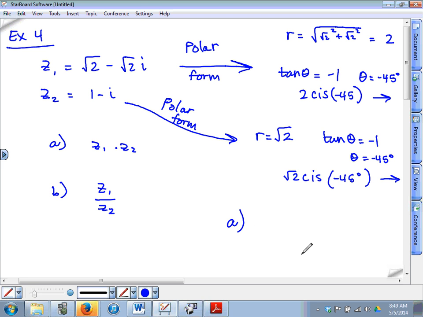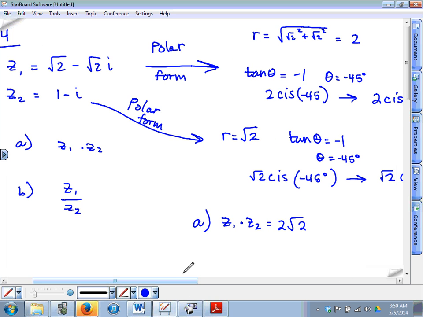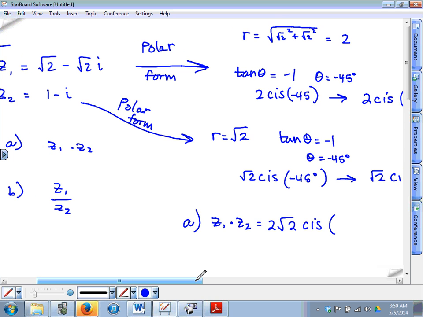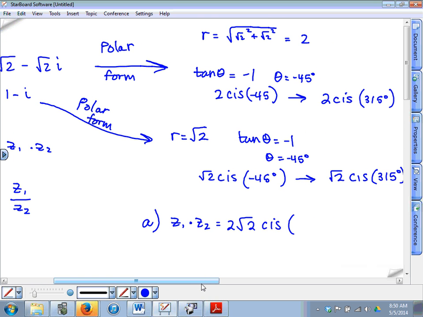So for part A, the product of two complex numbers is the product of their R values. So Z1 times Z2 is going to equal R1 times R2, which is 2 root 2. And then you have to add the two angle measures. 315 plus 315 is 630.